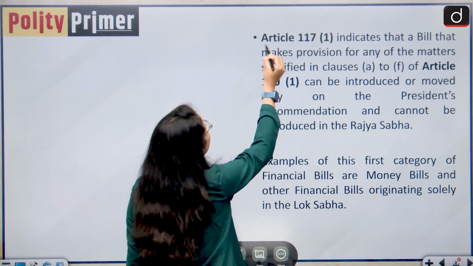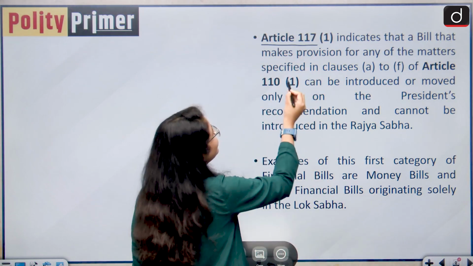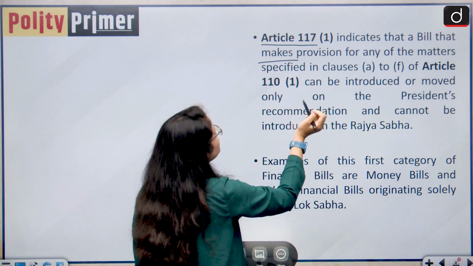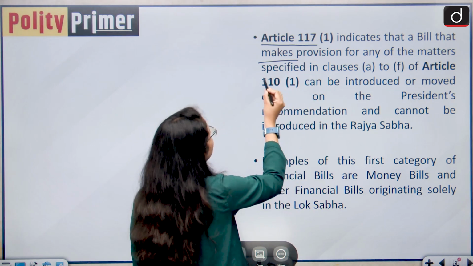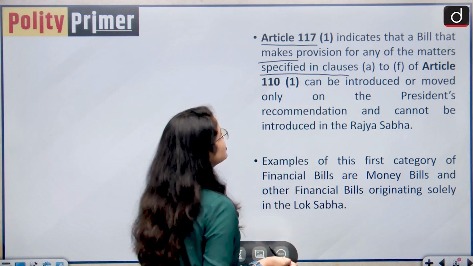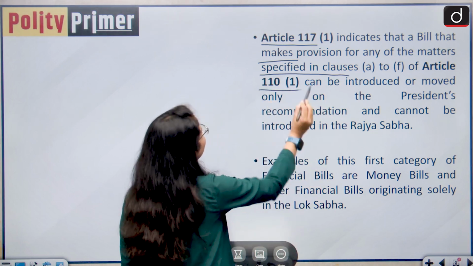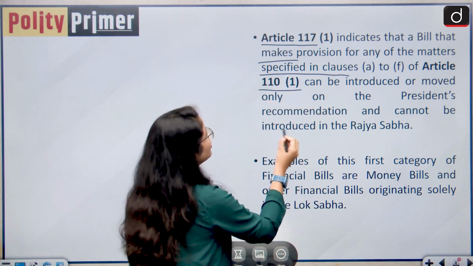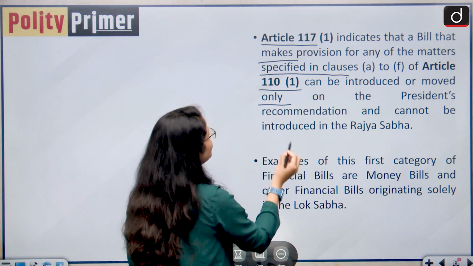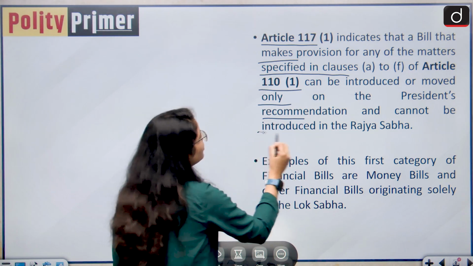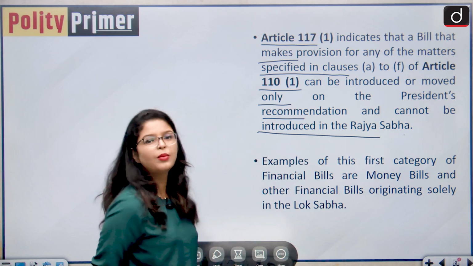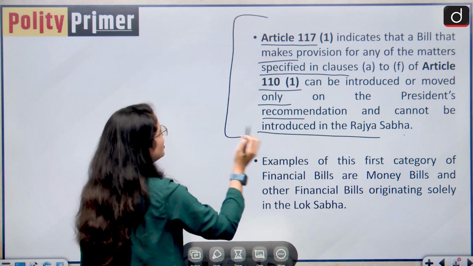Article 117 clause 1 indicates that a bill making special provisions for any of the matters specified in clauses A to F of article 110 clause 1 can be introduced or moved only on the president's recommendation and cannot be introduced in the Rajya Sabha. So this is essentially talking about the money bill.